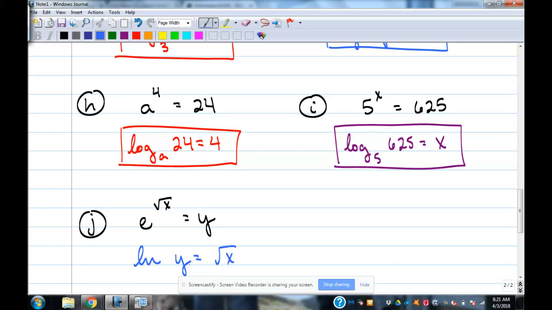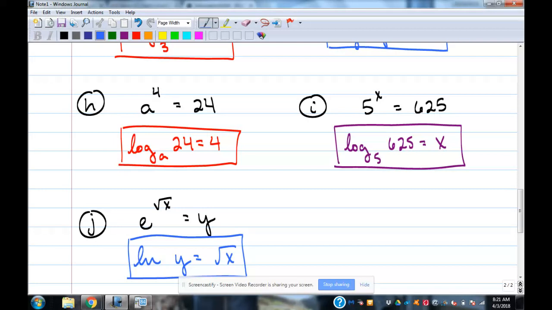Remember that whole exponent there. So rewriting from logarithmic to exponential, and then from exponential back to logarithmic, being able to do that is going to be helpful.